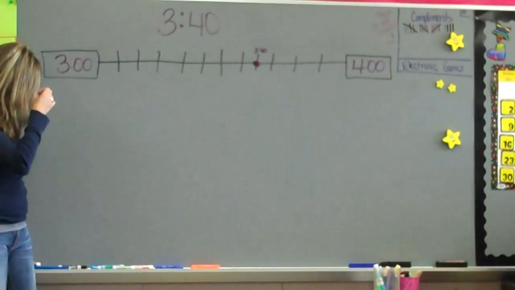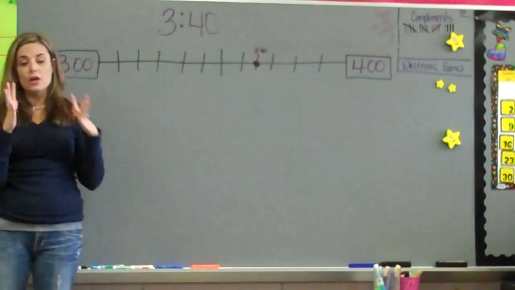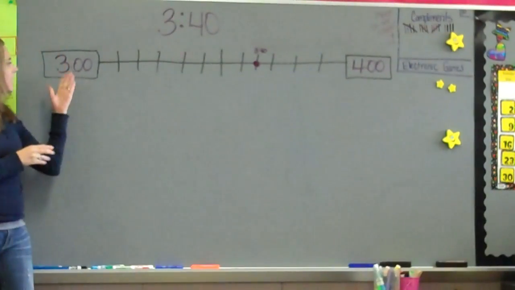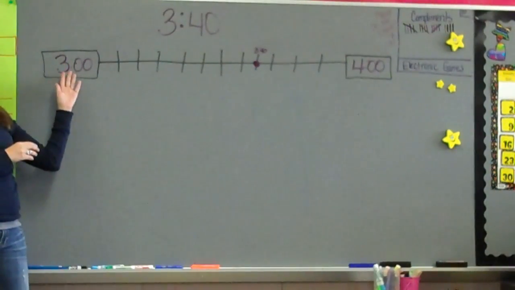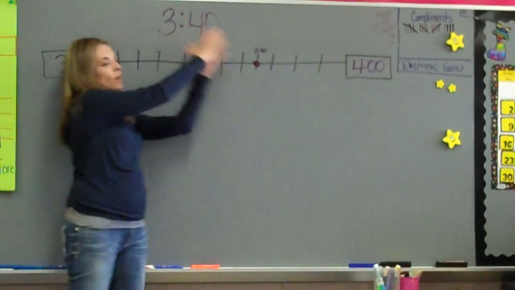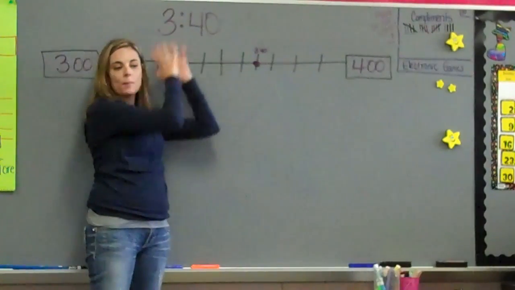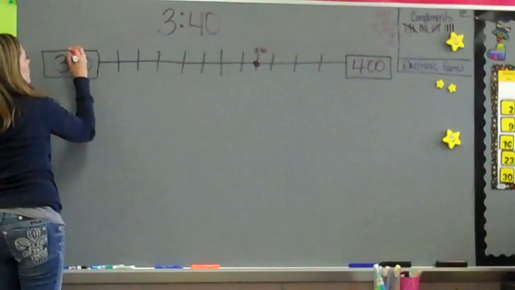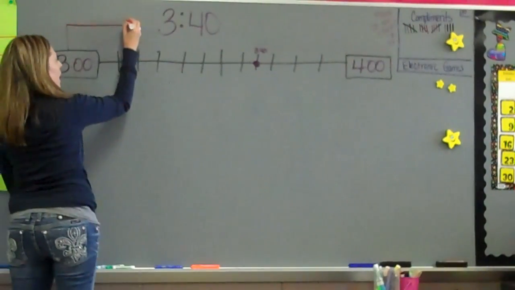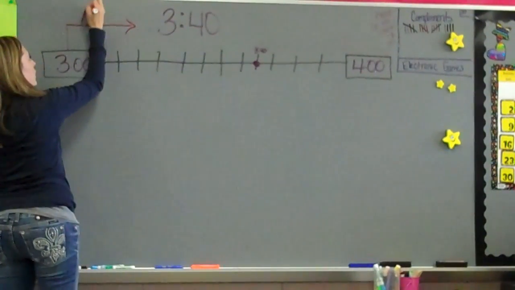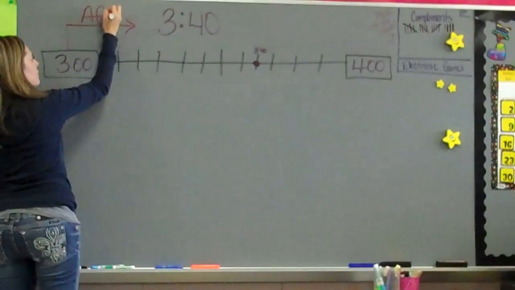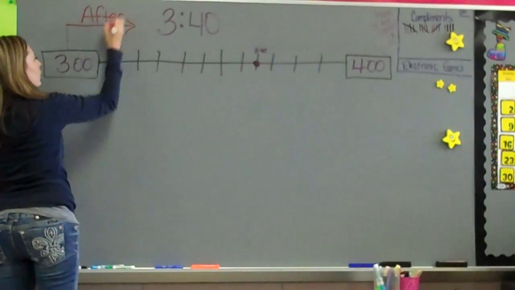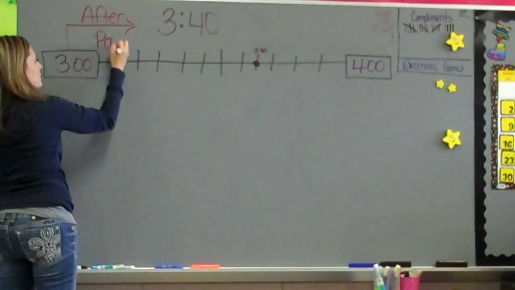Now, steps 4 and 5 are our new steps. Anything that comes after the first box, if it's this way, it is after or past. So anything that we do that is this way is going to be the word after or the word past.